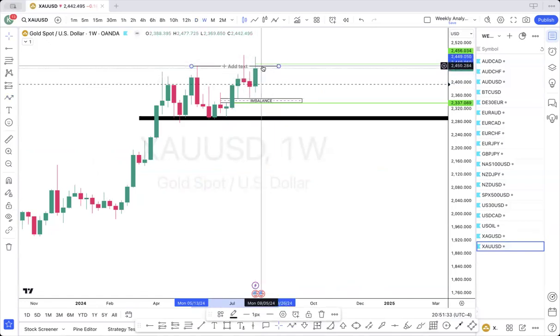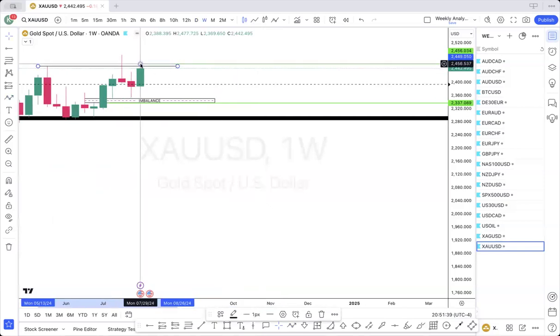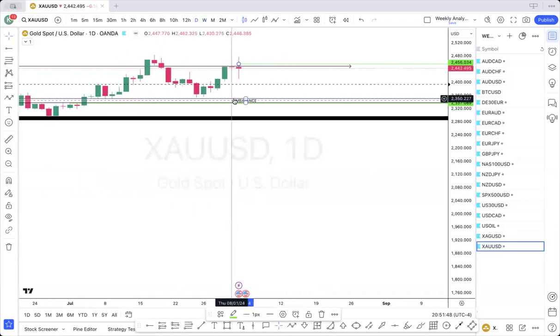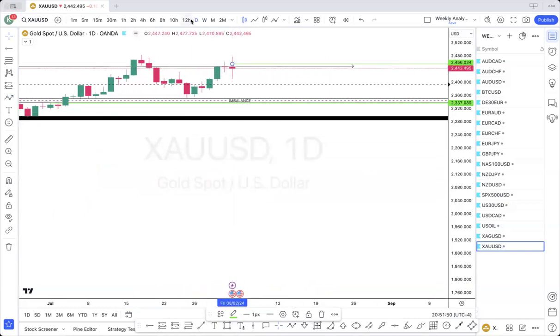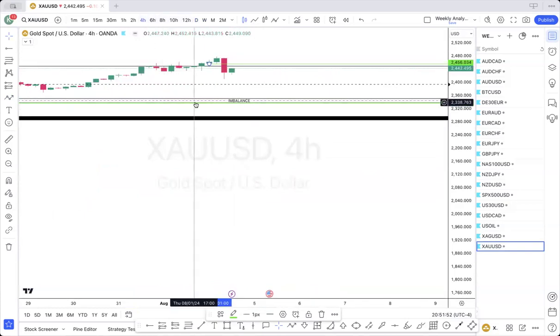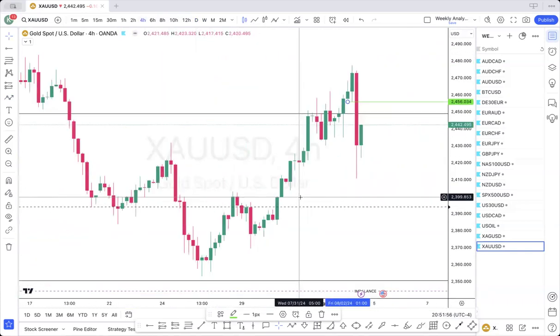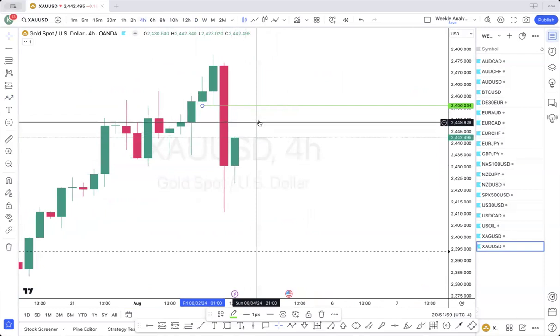So price may tap back into that high there to possibly 24.56. And that came from, let's look at the 4-hour, the 4-hour order block. So it may tap into this zone, this area here.